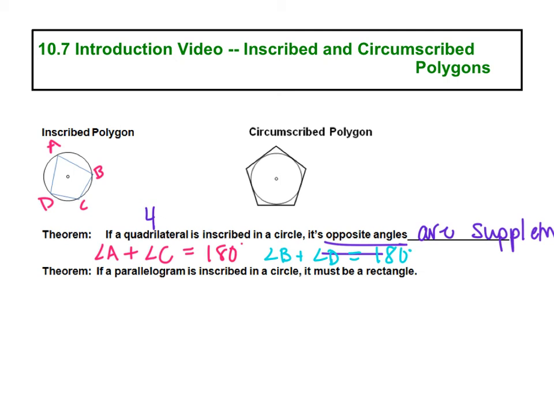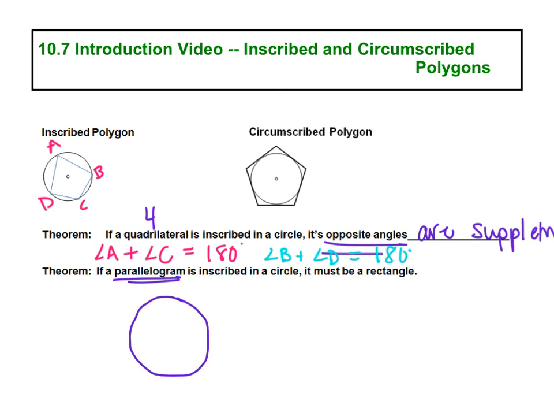All right, the second theorem says if a parallelogram is inscribed in a circle, it must be a rectangle. So I'm going to draw this. It's probably not going to look that great, but let's say here's a circle, and what's inside the quadrilateral happens to be a parallelogram, that means opposite sides are parallel.